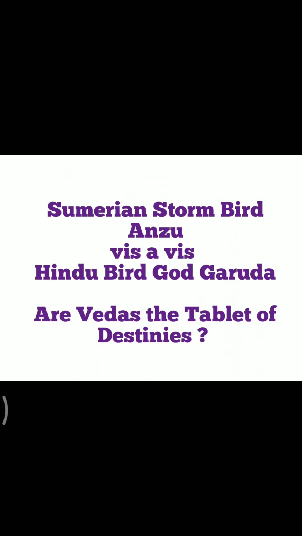And after Tiamat is killed, and her commander Kingu is killed by Marduk, Marduk mixes Kingu's blood with mud, and he creates human beings from the flesh of Kingu, the commander of Tiamat's army.